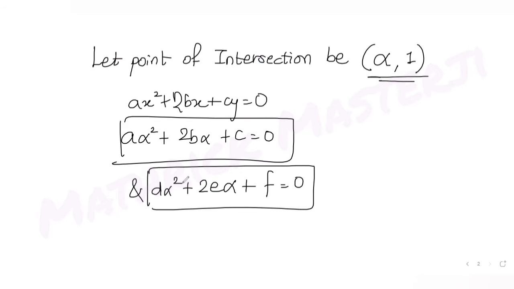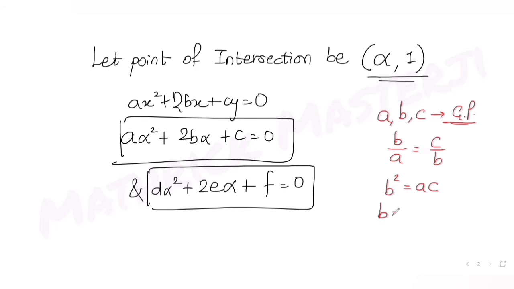I have also been given in the question that A, B, and C are in geometric progression. So B over A is equal to C over B. That gives me B square is AC, and that further gives me B is root of AC.